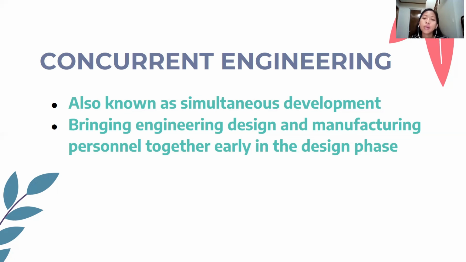So for additional information, two famous companies that are using concurrent engineering are Intel and Canon. Because of the simultaneous development, they are bringing engineering design and manufacturing personnel together early in the design phase. So mas napapabilis na lahat ng works kasi yun nga, simultaneous sila lahat.